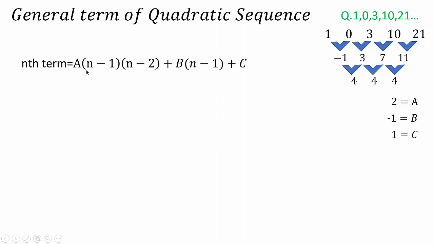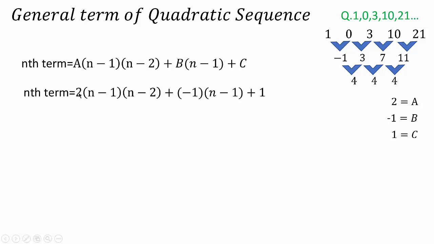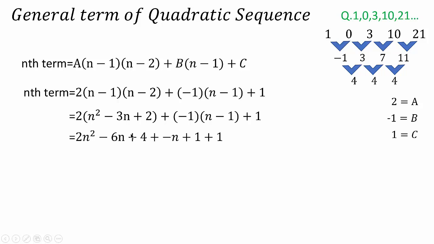Since this is the nth term, we put the values in this equation: a equals 2, b equals -1 and c equals 1. With a simple simplification we get this, and on expanding these terms we finally reach this result.